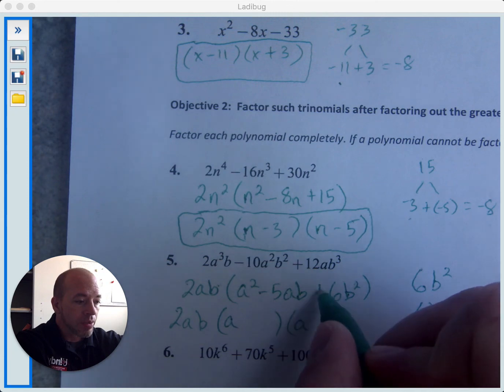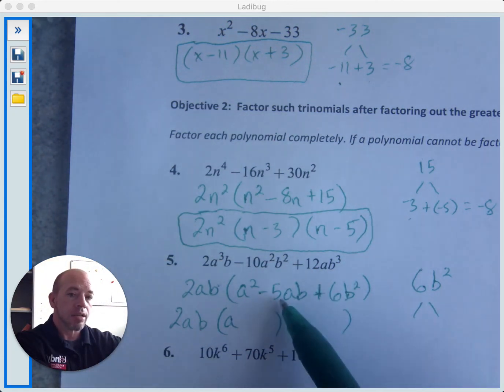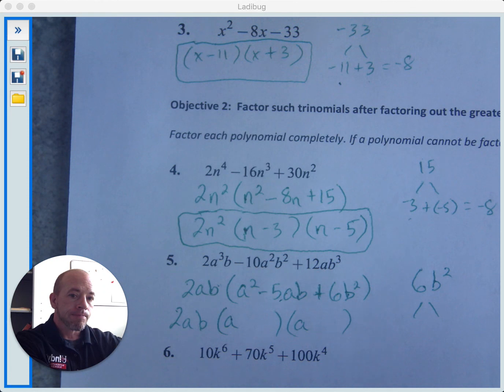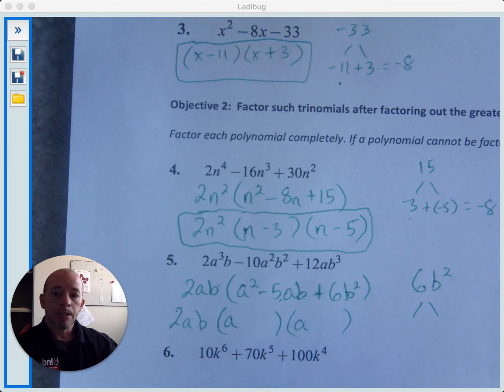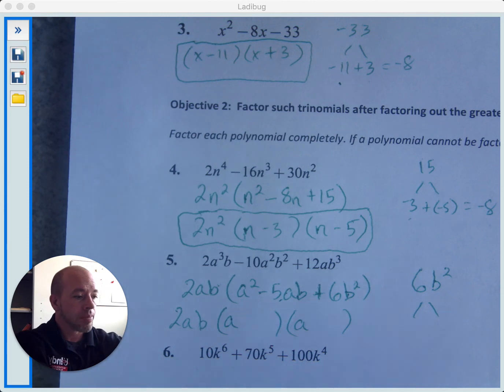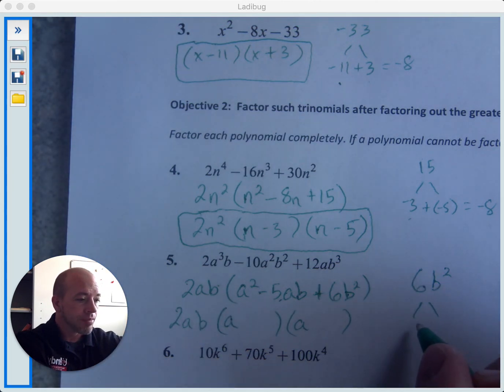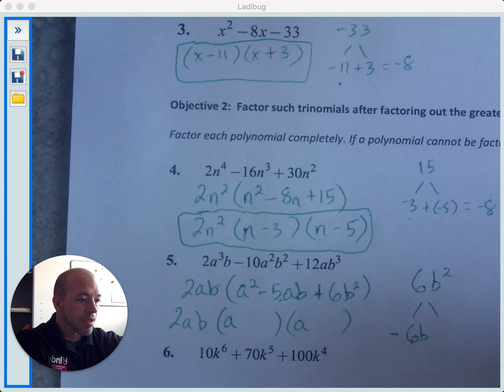Let's think about what we would do here. We want to get a negative 5 there, right? Is this possible? We have two negatives possibly, or we have a negative and a positive. Do we have a 6? 1 and 6 have 6. How about if we have a negative 6b and a positive 1b, right?